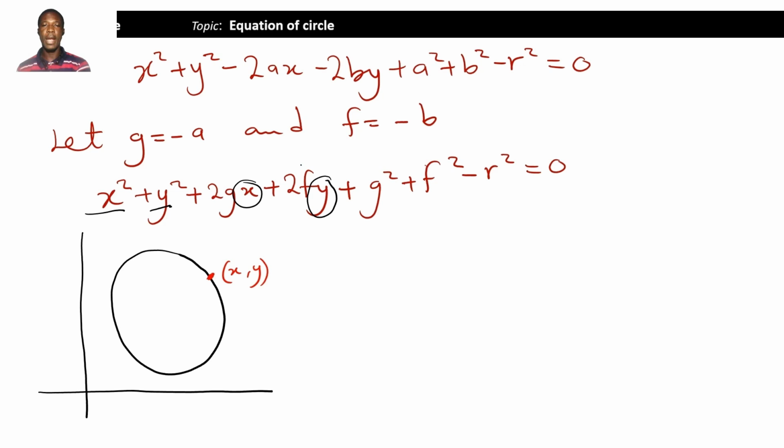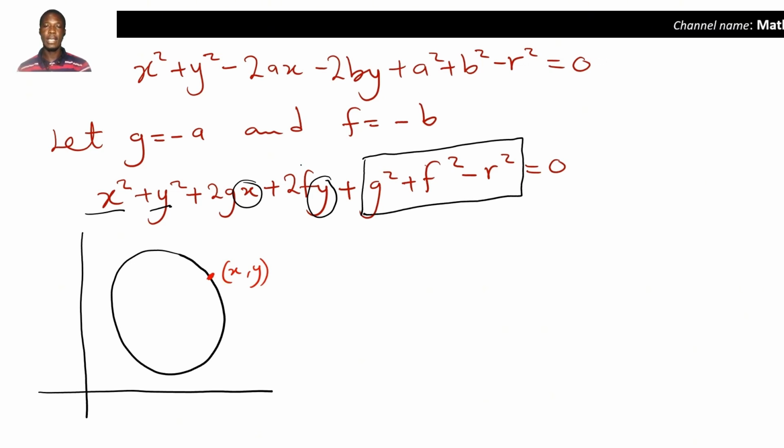All the other variables you see there are constants that we will have in the equation of a circle. And so the only variables we have are x and y. What that means is that the whole of g squared plus f squared minus r squared are constants.